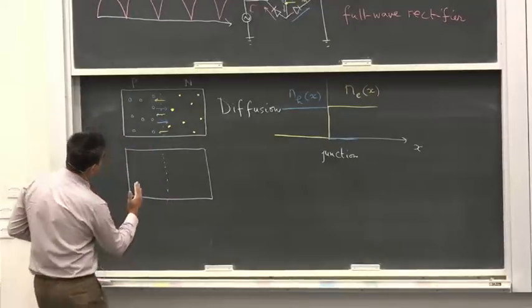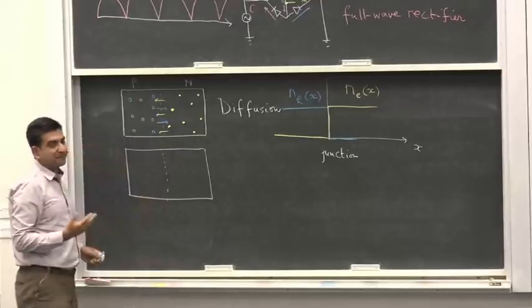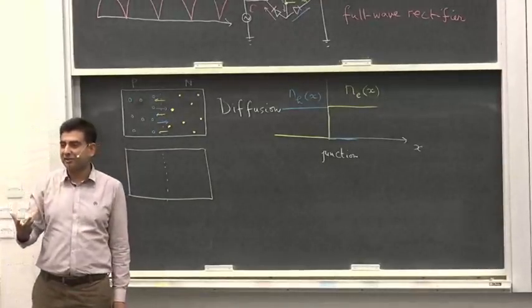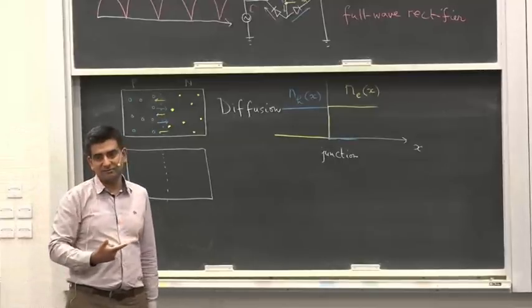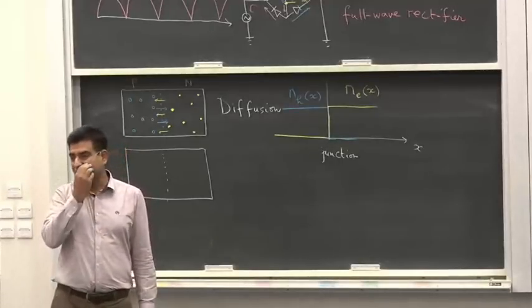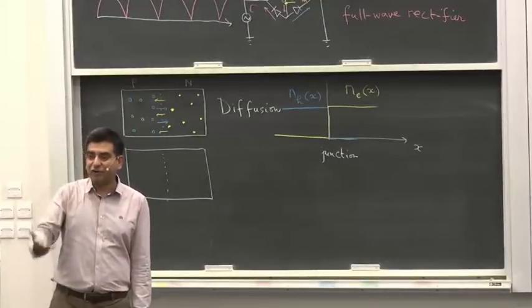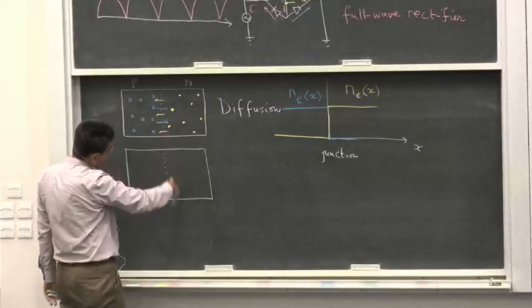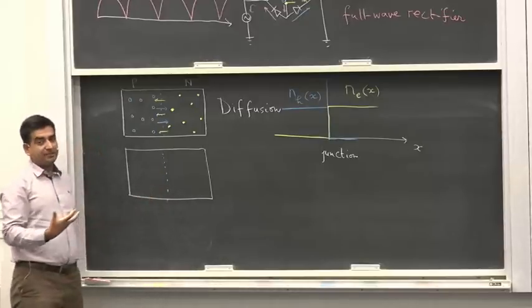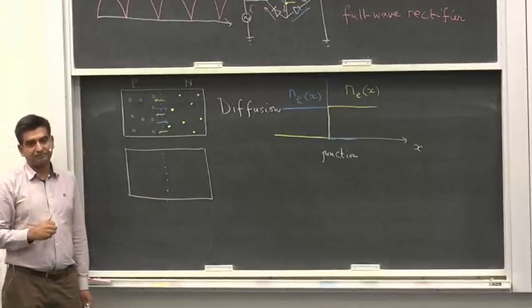So the region to the right of the junction inside the n-type material acquires a positive charge because it has let loose its electrons. The electrons have diffused out, and it was neutral to start off with. So once the electrons have gone off, this region immediately to the right of the junction acquires positive charge.